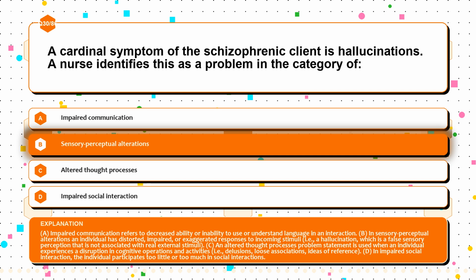C. An altered thought processes problem statement is used when an individual experiences a disruption in cognitive operations and activities, i.e. delusions, loose associations, ideas of reference. D. In impaired social interaction, the individual participates too little or too much in social interactions.